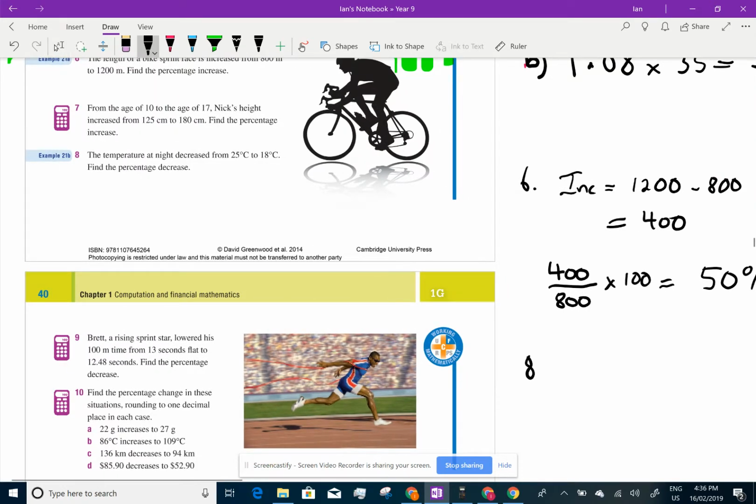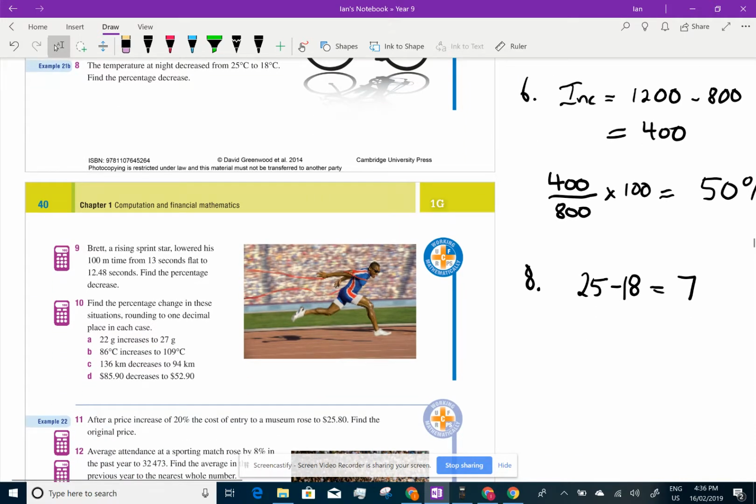Question 8, I'm skipping 7, you should do that. The temperature at night decreased from 25 to 18. Wow, 25 minus 18 equals 7. What is that as a percentage decrease? Well, it was 7 out of 25, and I times by 100.